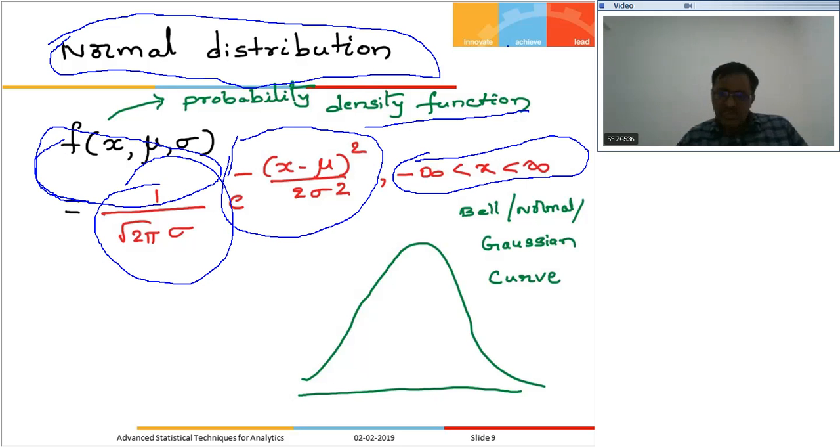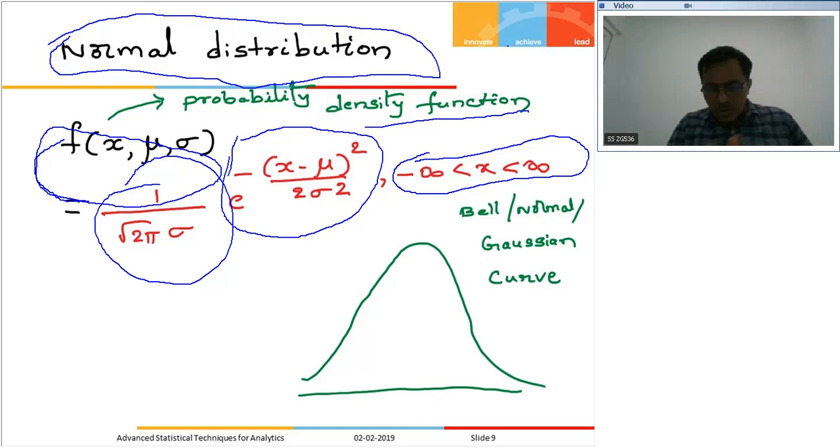Many names are there. Some people call it the Gaussian distribution also. Maybe when you go to mixture models in machine learning, you will be using the term Gaussian distribution, Gaussian curve, regularly.